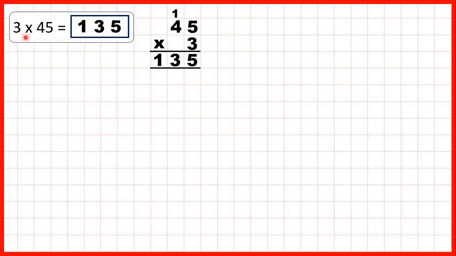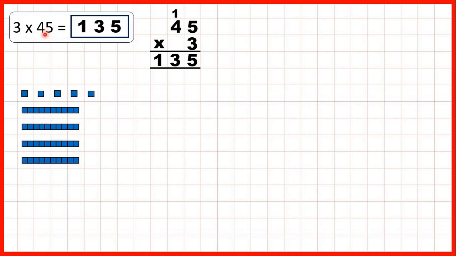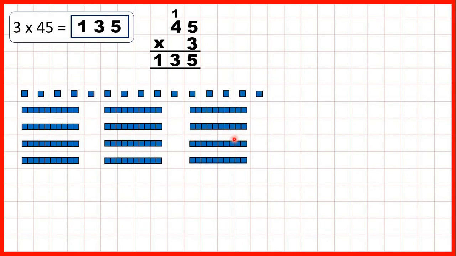Then our last question was 3 times 45. So we can represent 45 with 4 tens and 5 ones, and because the other number in our multiplication is 3, we can show what we have 3 times.